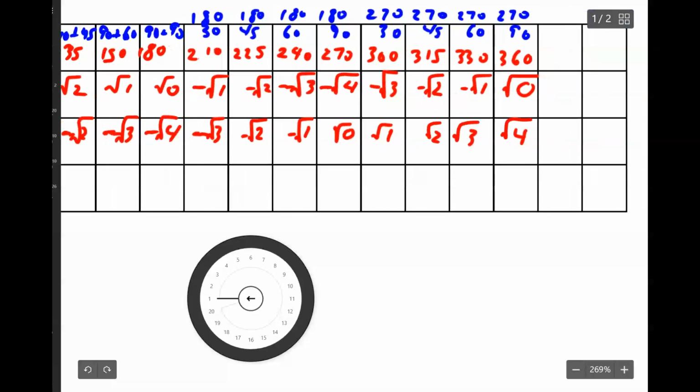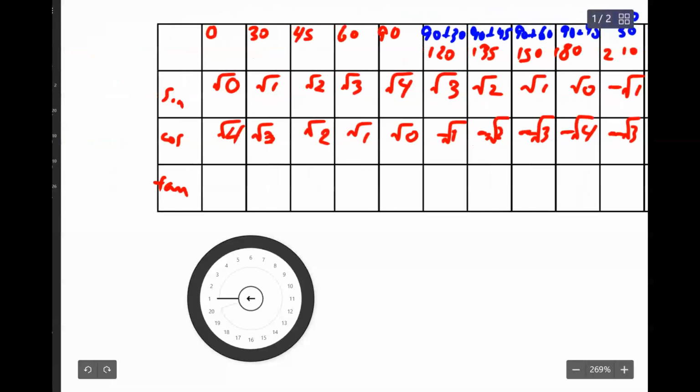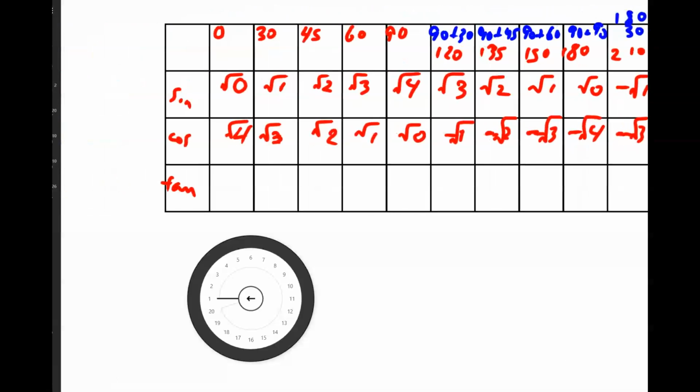Okay? And as you get proficient at this method, you can take shortcuts. For example, instead of writing square root of 0, just write 0, right? Okay, and then the last step before simplification is we just put divided by 2 on everything.